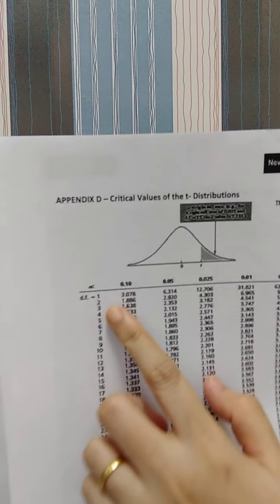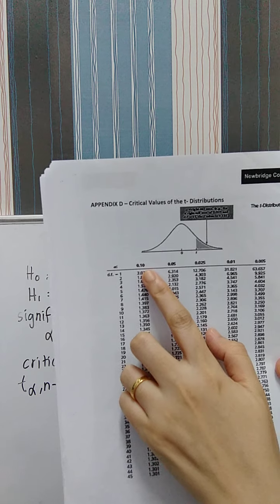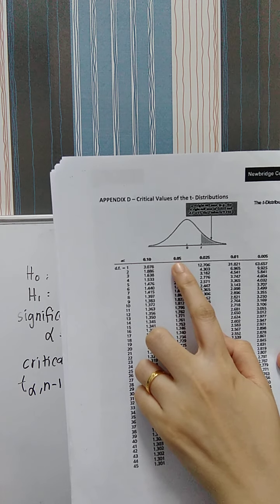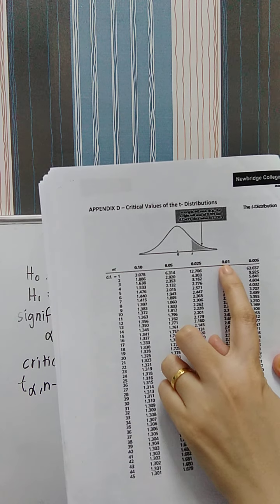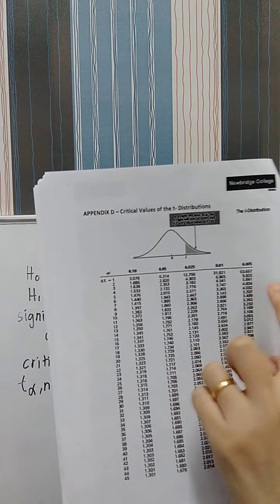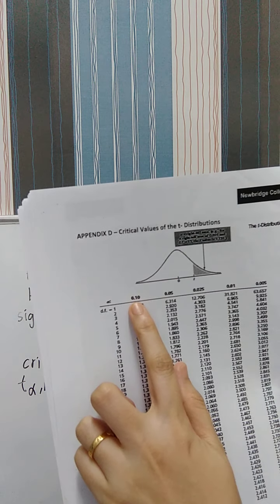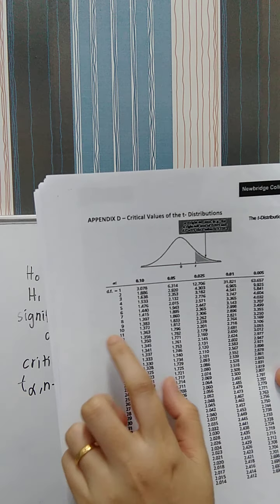On top here, you are given the values of alpha: 0.1, 0.05, 0.025, 0.01 and 0.005. So you need to use 0.1, and n minus 1 given is 9.